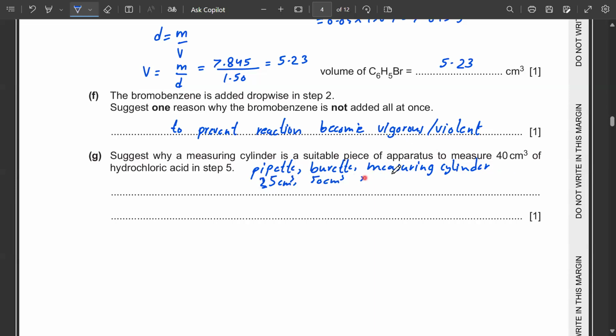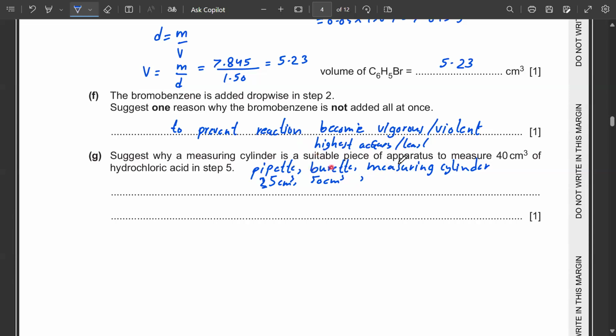Measuring cylinders also come with different volumes. If you remember, they had different accuracies as well. The burette has the highest accuracy because it has the least error. On the other hand, the pipette has slightly less accuracy than the burette, and the measuring cylinder has the least accuracy.